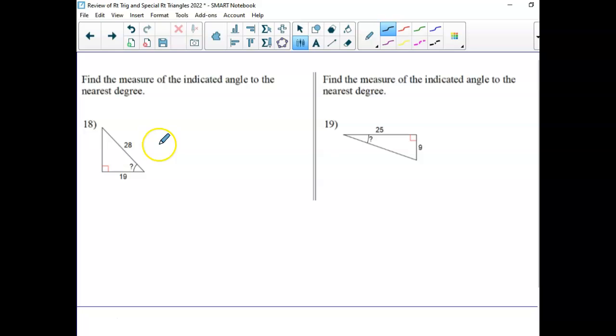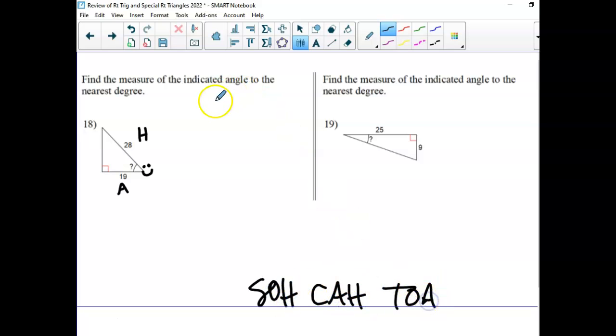So if we jump to number 18 here, I have an unknown acute angle I'm trying to find. The 19 would be called what? Anybody awake out there? What's 19 called? To that angle, it would be adjacent, and the 28 is the hypotenuse, okay? So this again is at the top. So we have adjacent and hypotenuse, which means we're going to use cosine.